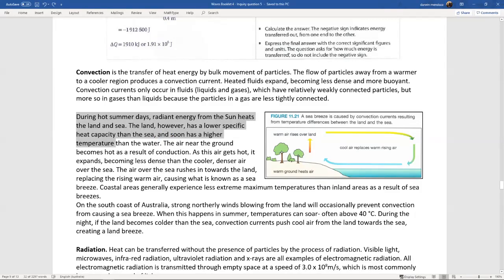Those are the principles that we use for hot air balloons. We heat the air inside it, it becomes less dense, and it becomes buoyant compared to the air in its environment.